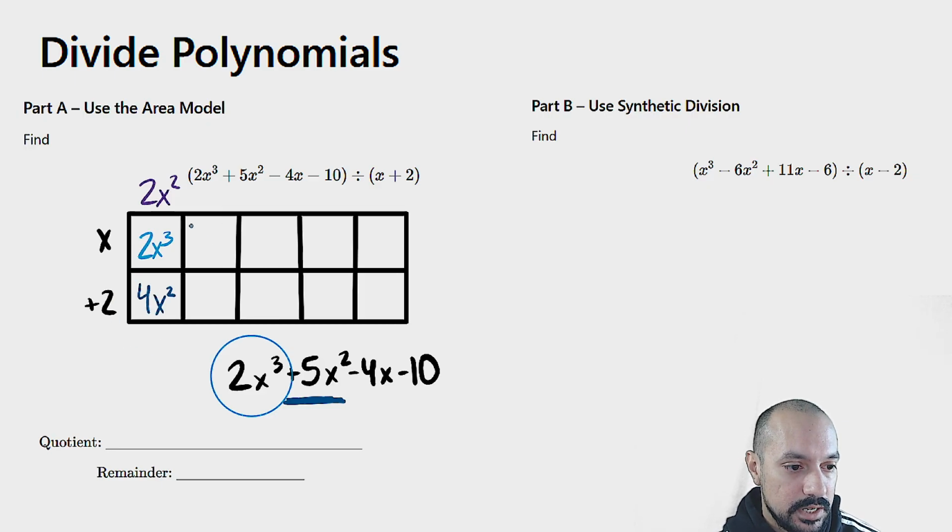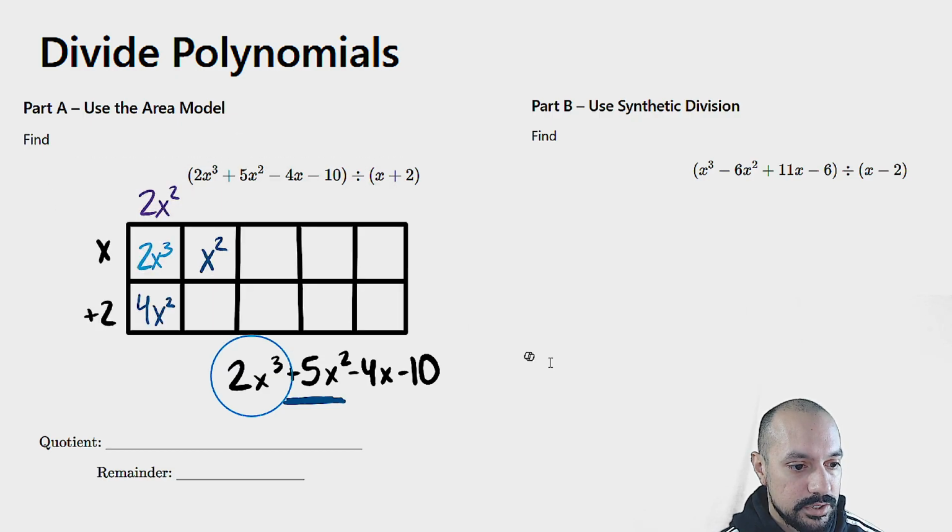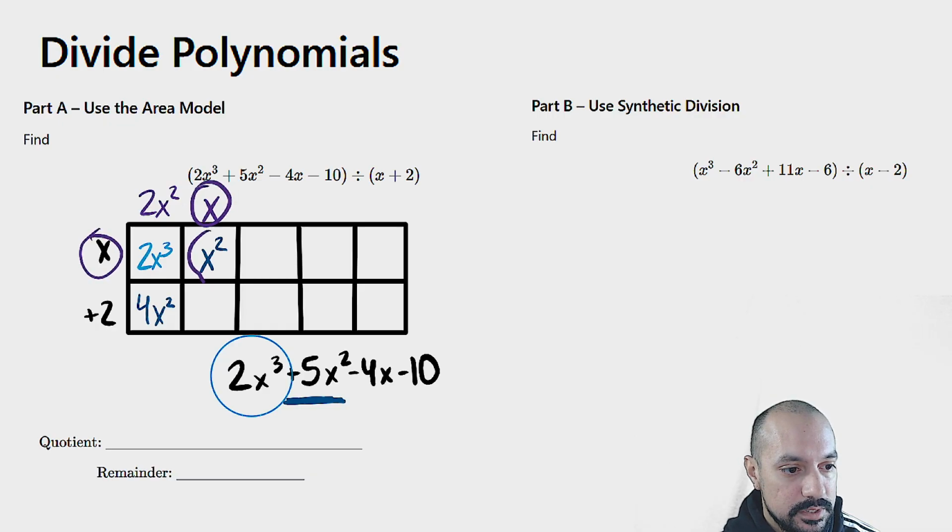So that means I need at least one more x squared. And now that I have that, I can make a decision about what goes on top here. I just want this to be x because I know that x times x is going to make x squared. Because I've decided that it's x, the next box down has to be 2x.